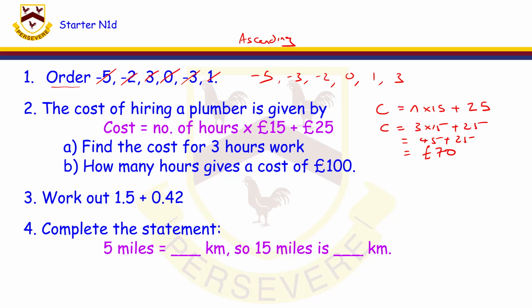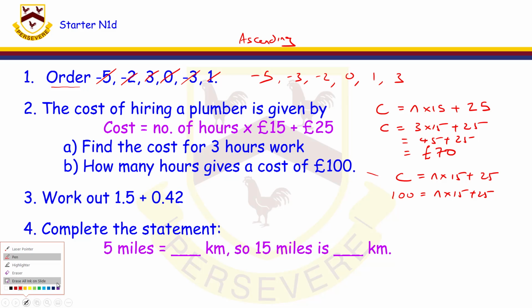And then for part B, it says how many hours gives the cost of 100. Now we write our formula again. C equals n times 15 plus 25. They've given us the cost, so let's write it in. We've got 100 is equal to n times 15 plus 25. So what we can do then is, this is an algebraic equation.